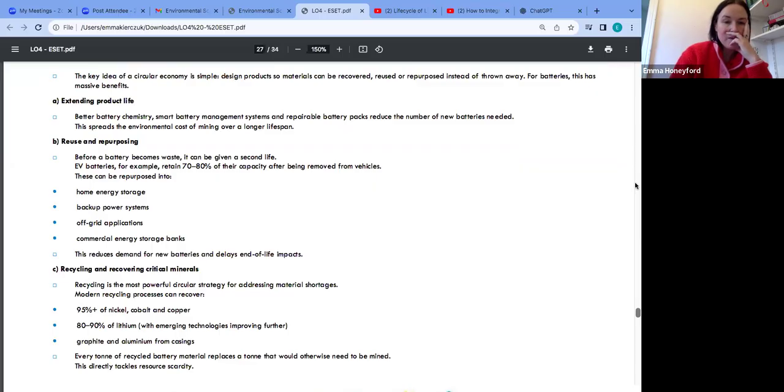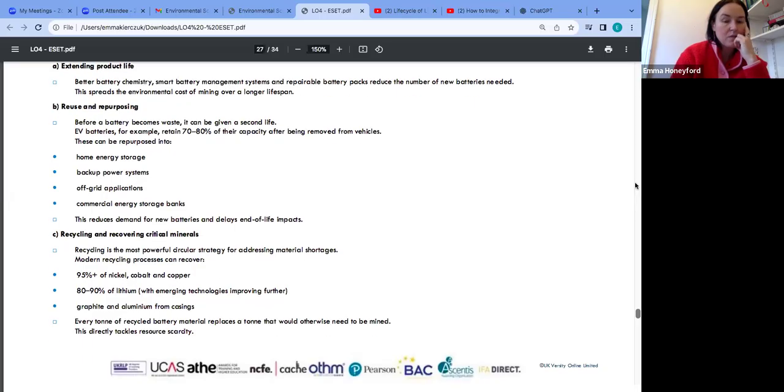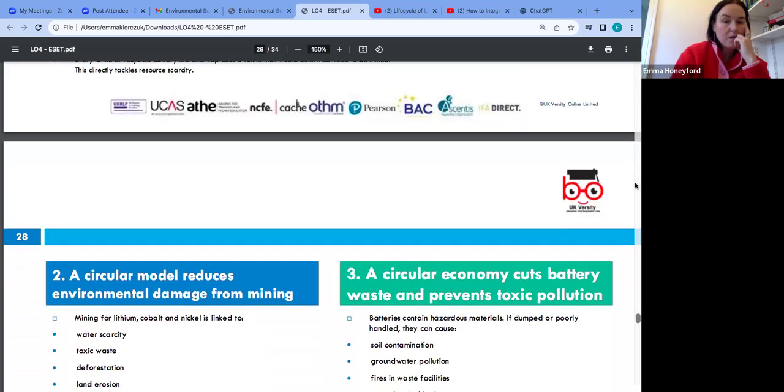Recycling can recover different types of materials, and this is one way to keep the products in use, rather than just go to landfill and have detrimental environmental impacts. Every tonne of recycled battery material replaces a tonne that would otherwise need to be mined, so this directly tackles resource scarcity.